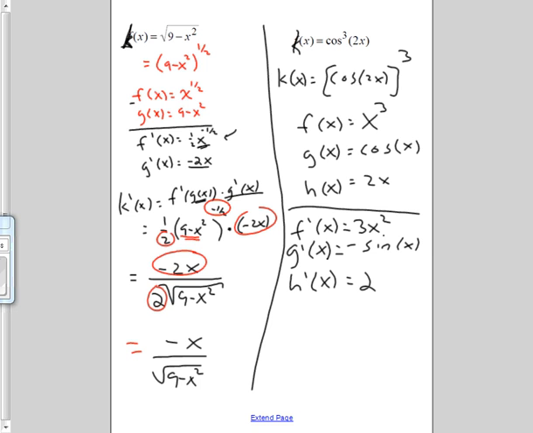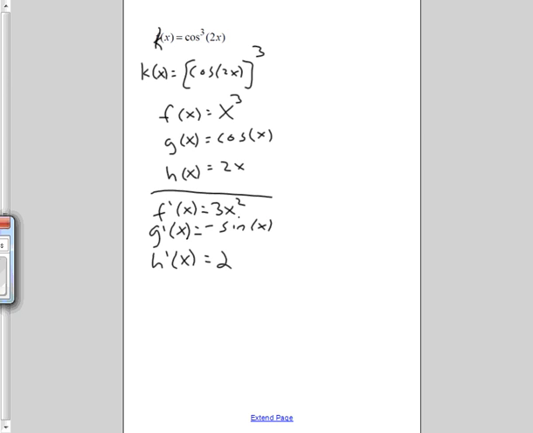I'm going to take a second and do this on another page so I can have enough space. All right, so now going through this, k prime of x is going to equal f prime of g of h of x times g prime of h of x times h prime of x.